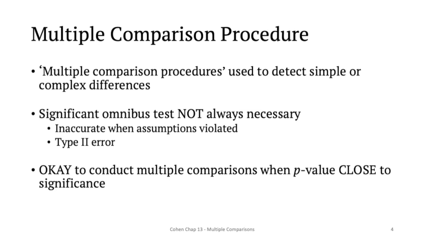Sometimes you're going to miss it with any test. But that doesn't mean that you can't finish testing the questions that you had planned a priori. So it's always okay to conduct multiple comparisons when the p-value is close to significance, and particularly when you have research questions a priori that you think certain groups are going to be different from each other.